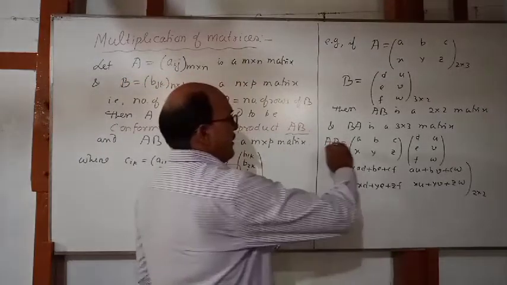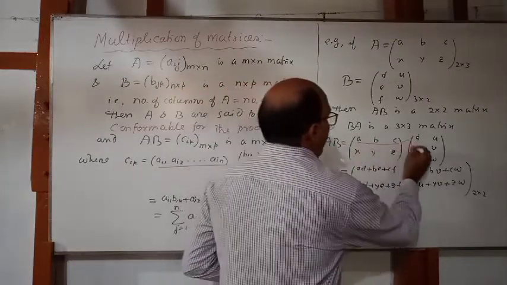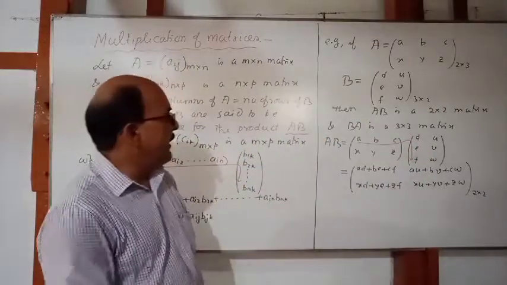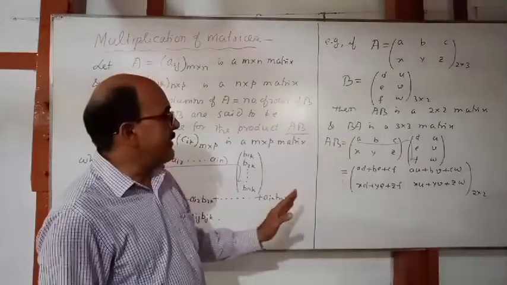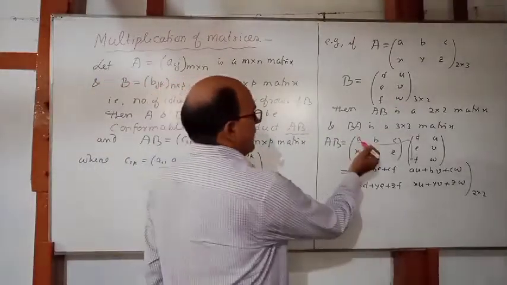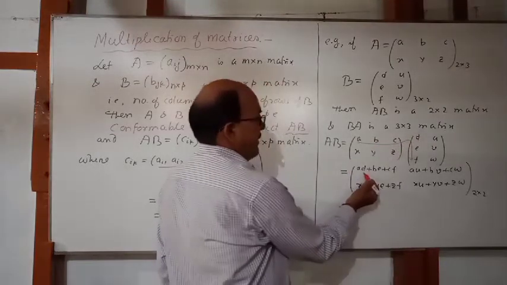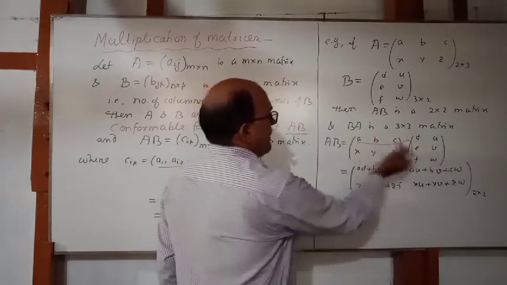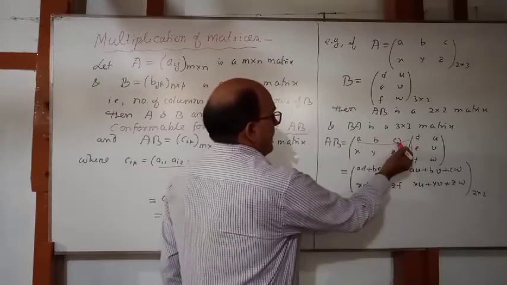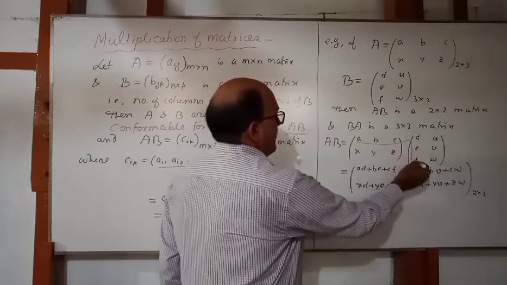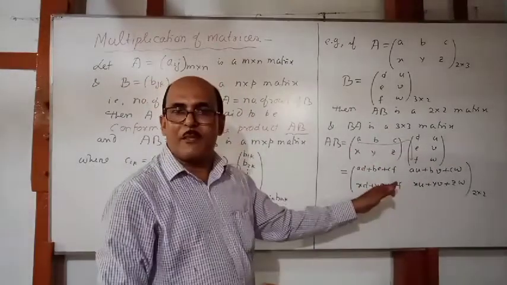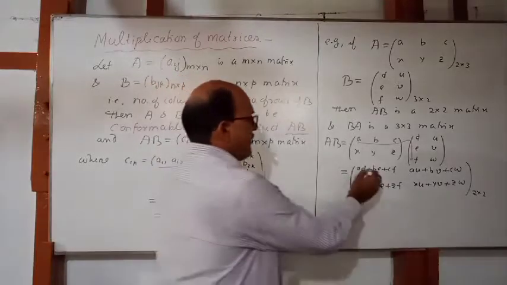The rule is like a right angle. In the first matrix we move horizontally along the rows, and in the second matrix we move vertically downwards along the column. First into first, A into D, see AD written, plus second element B, here second element D... B into E, see BE is written, plus third element C, here third element F, C into F, CF written. So first row, first column, we have multiplied, we have got the first element of the first row.